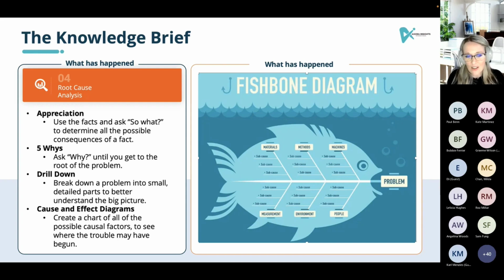The other one is a drill down. So you drill down into smaller and smaller details, which is similar to this water leaking, which is our problem. Our water isn't contained, and now we're going to drill down to see where is the source of that problem, and also how that water is or should be contained.